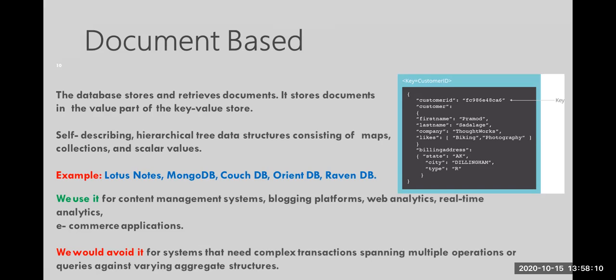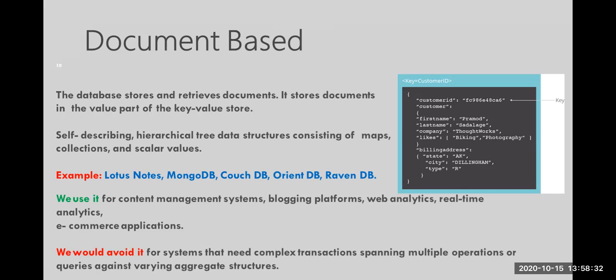Examples are Lotus Notes, if you have seen the Lotus Notes software, MongoDB, CouchDB, and RavenDB. These are some of the document-based NoSQL examples. It is being used widely for content management, blogging platforms, web analytics and real-time analytics, and majorly for e-commerce applications.